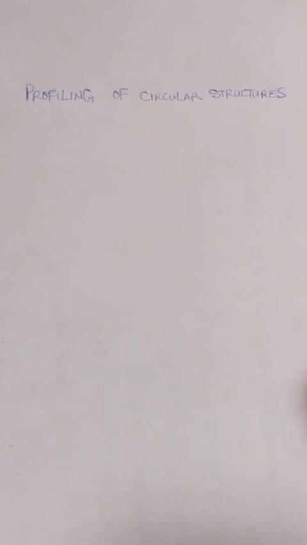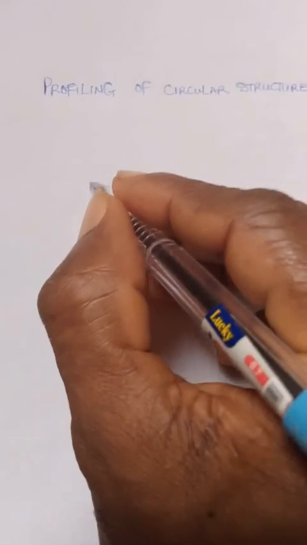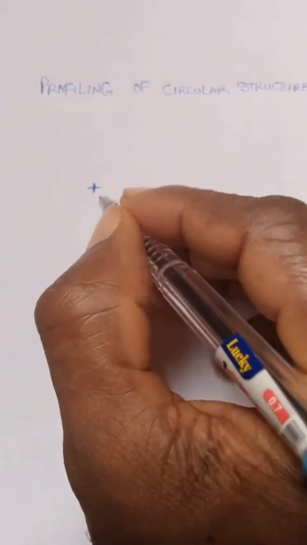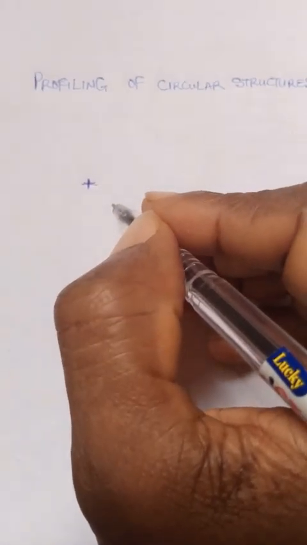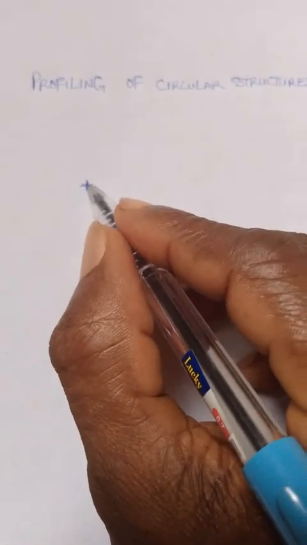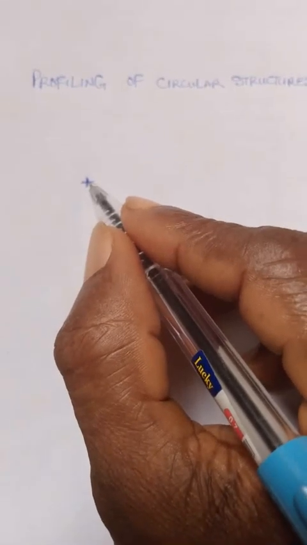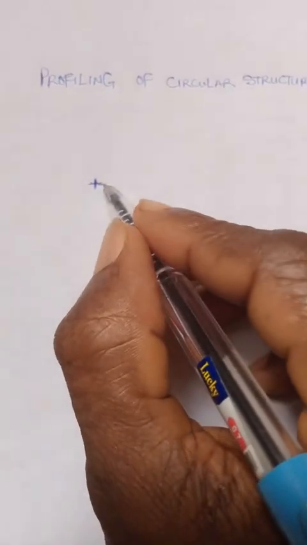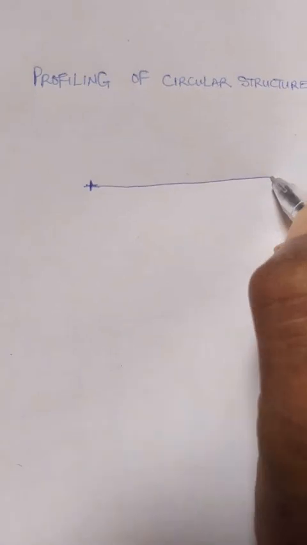So in some cases where we have a circular structure, first and foremost, you must get the reference point. Be it a circular structure or a rectangular structure, it must have a square, four-sided part to form the perimeter for the profile.